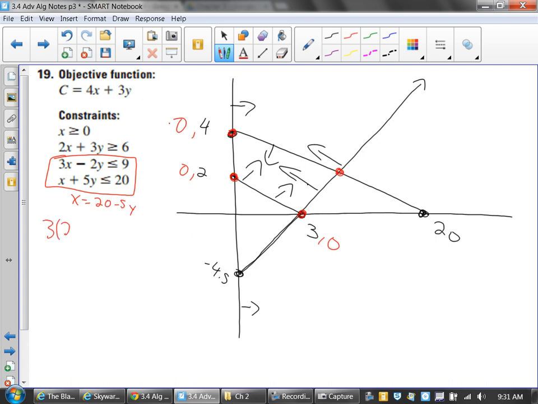Substitute in: 3 times 20 minus 5y minus 2y is 9. 60 minus 15y minus 2y, so that's 17y. Do we agree on that?